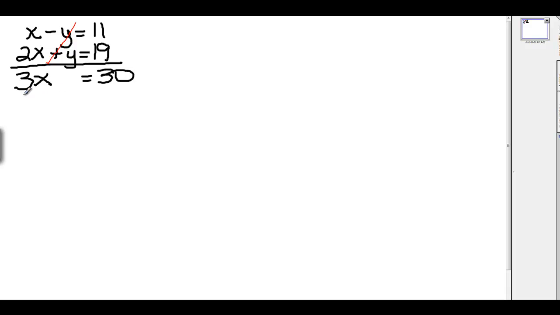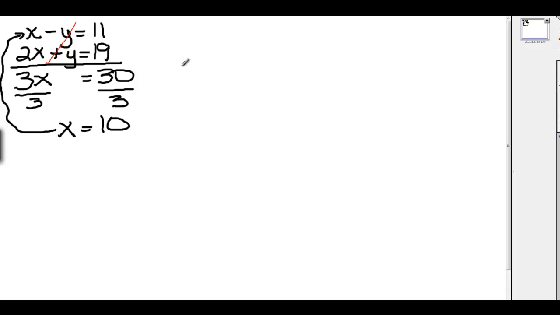Then I can solve for x by simply dividing by 3 on both sides. That lets me solve for the x variable. X equals 10. Now remember, in a system of equations we need both the x and the y. The x value can then be substituted back into the top equation.